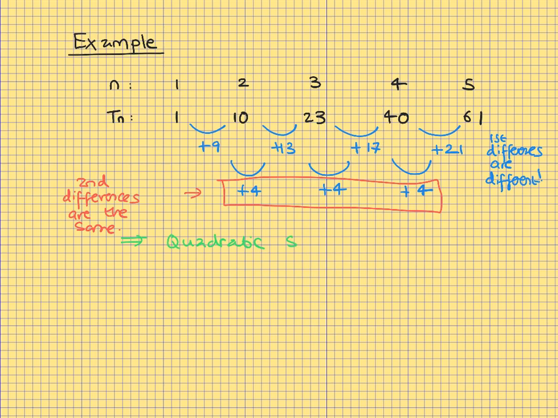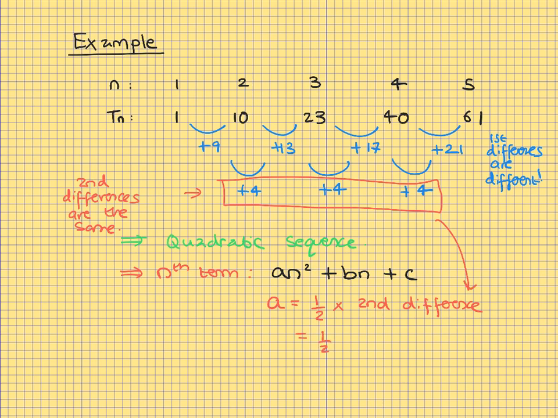And as soon as we know it's quadratic, we know that the nth term will take the format an squared plus bn plus c. And our value of a is going to equal half of the second difference, which we've worked out over here.